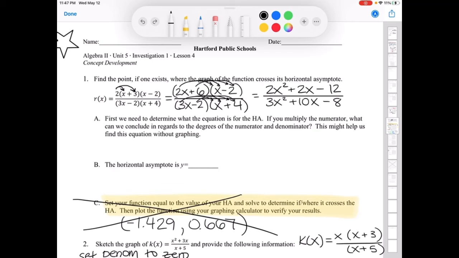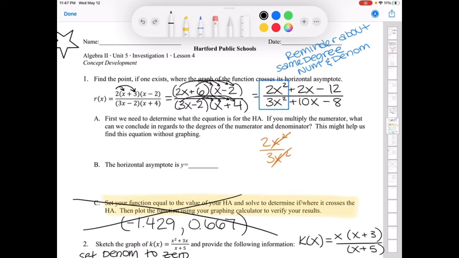Now, this is where the powers come into play that we were talking about at first. If you notice, we have 2x squared and 3x squared as our 2 leading terms. If we remember, if we have the same degree in the numerator and denominator, we can find the horizontal asymptote really easily just by dividing those terms.